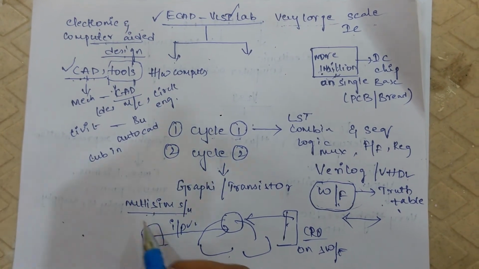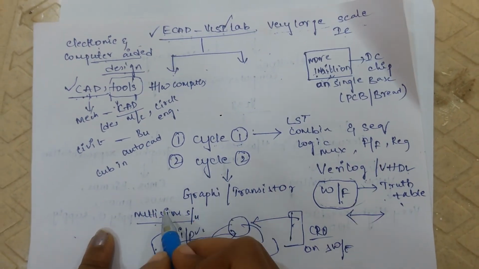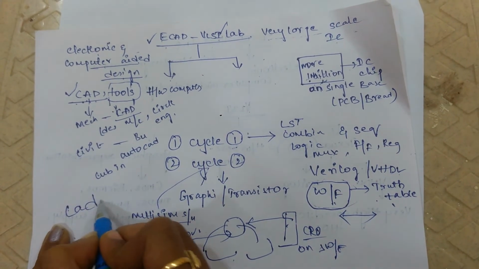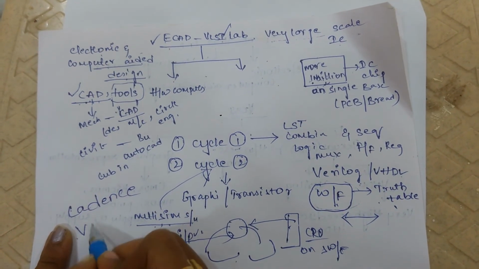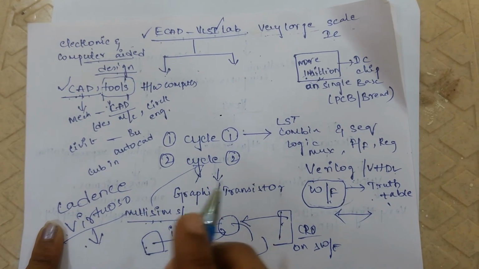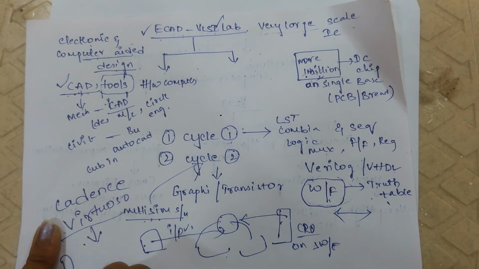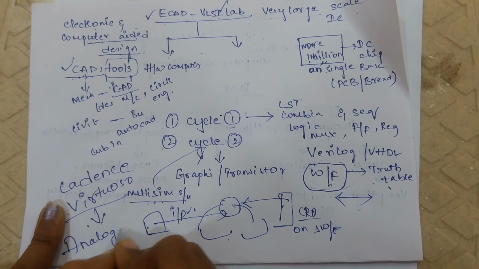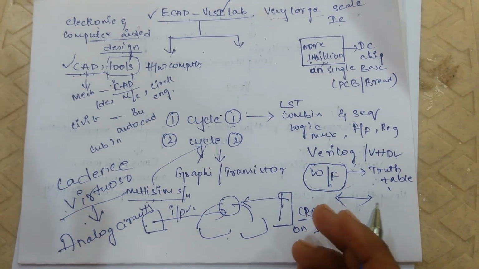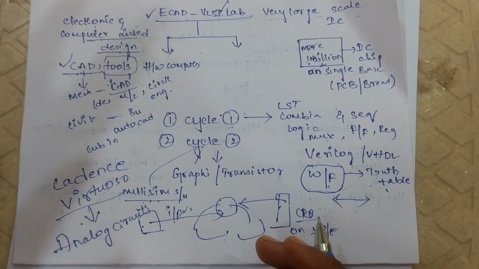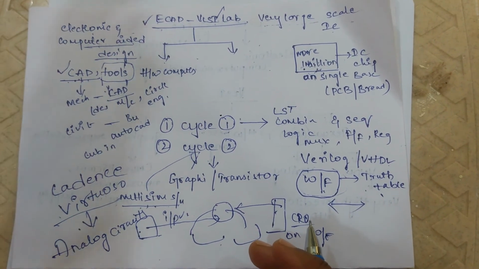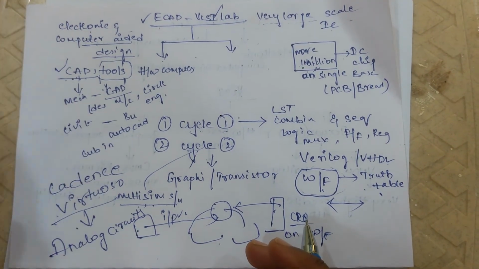Now the advanced version of Multisim you will do in your cycle 2, using the Cadence Virtuoso tool. It is completely an environment to design analog circuits. You will have different kinds of transistors like NMOS, PMOS and CMOS circuits with different voltages like 0 volt, 1 volt or 2 volt.